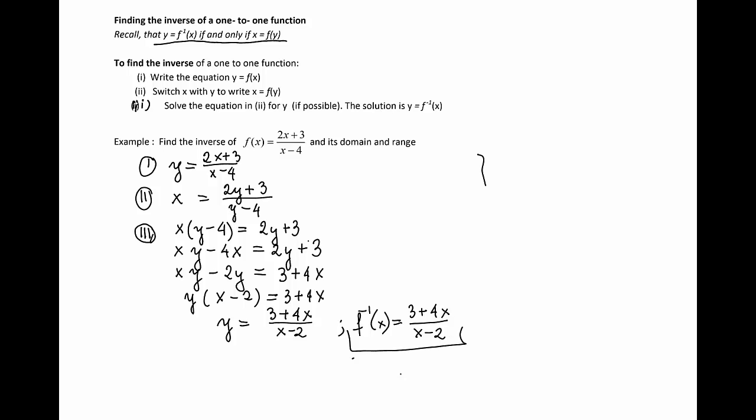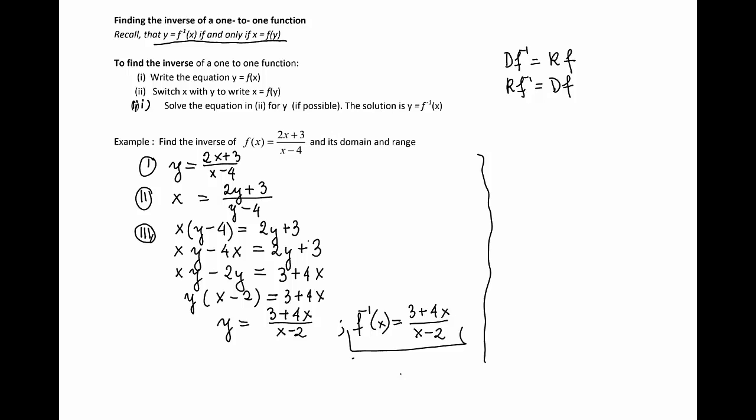As for the domain and range, we use the relationship between the domains and ranges of the function f and f inverse. We know that the domain of the function f inverse is the same as the range of the function f, and the range of the function f inverse is the same as the domain of the function f.